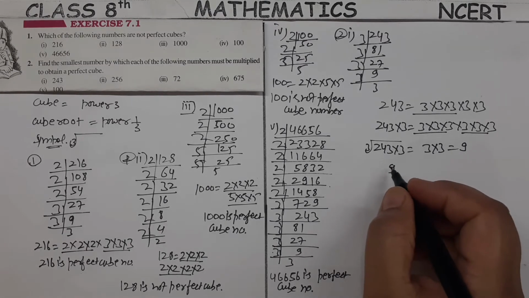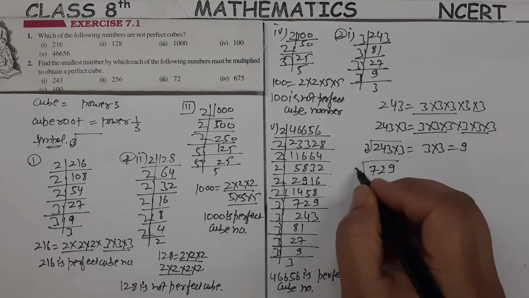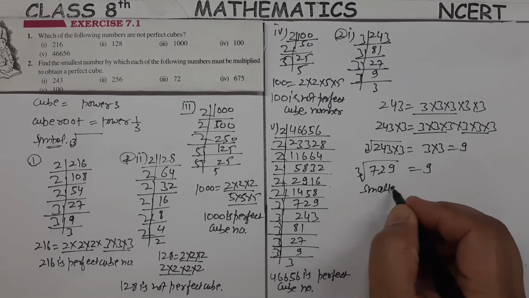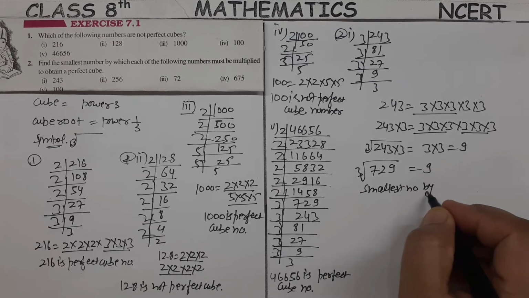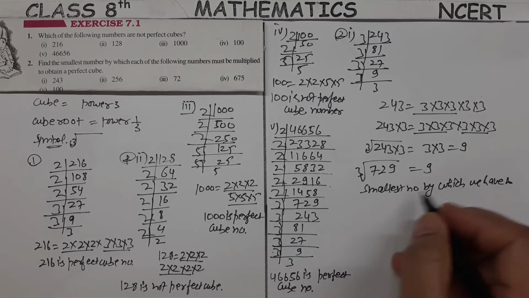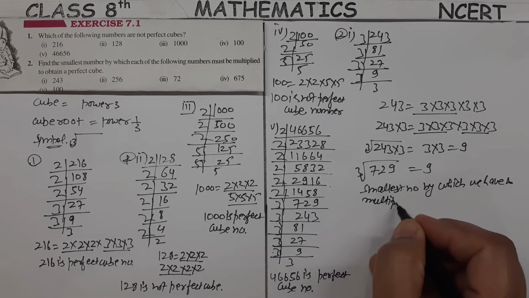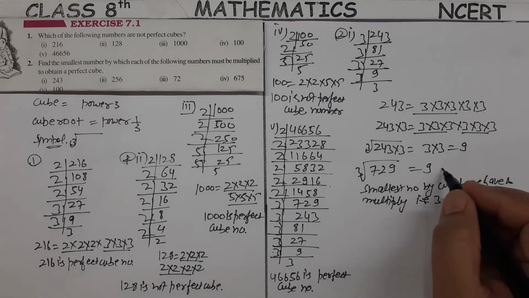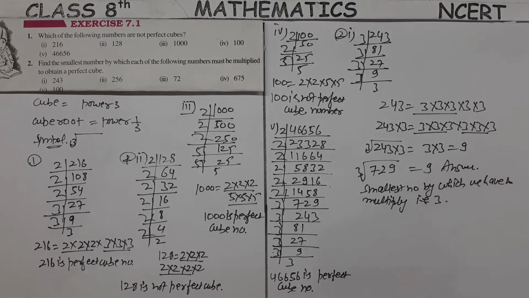Smallest number by which we have to multiply is 3, and the cube root of 729 is 9.